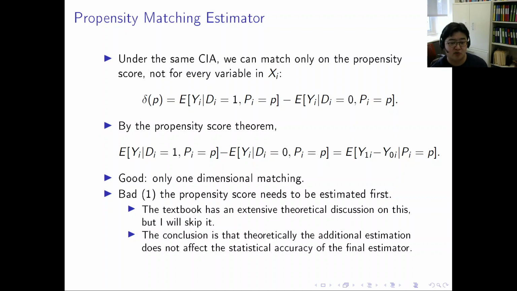So that's the reason why we studied this. However, this also comes with some additional problems. The first thing we have to worry about is this: I said this is the probability of taking the treatment.